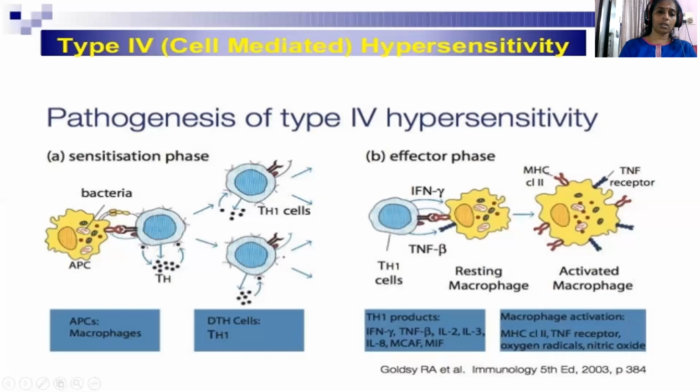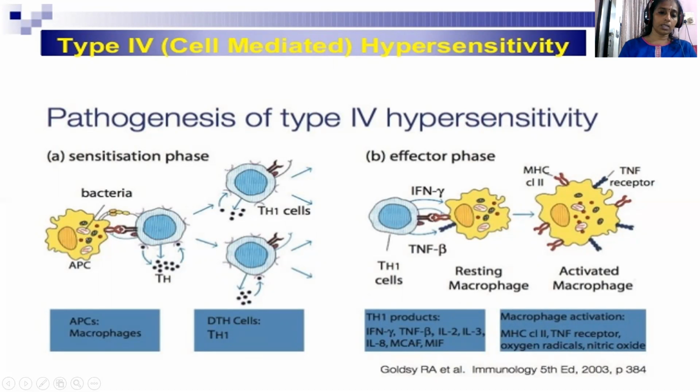First is the sensitization phase. That is when bacteria come in contact, they are presented by the dendritic cells, the antigen presenting cells. Like I said, it is the Langerhans cells in the case of skin.